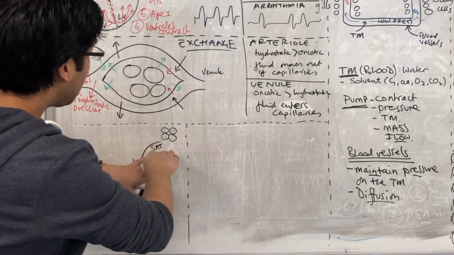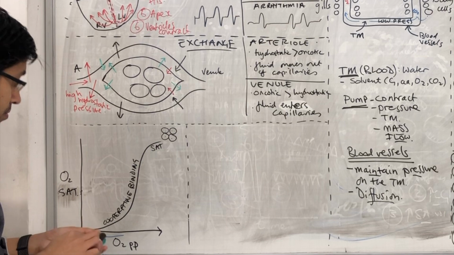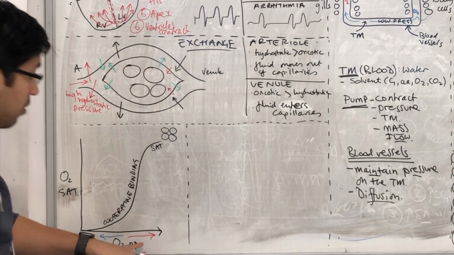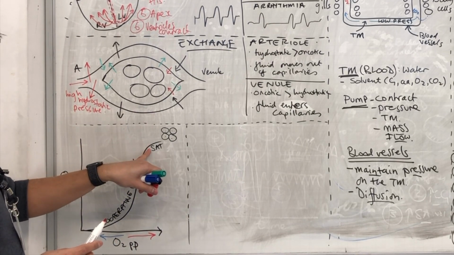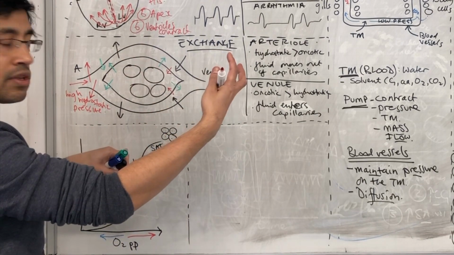Similarly, when it goes to places like the lungs, where there is a higher concentration of oxygen, it's got a high affinity for binding oxygen. So when it goes to the lungs, it's better at binding oxygen.